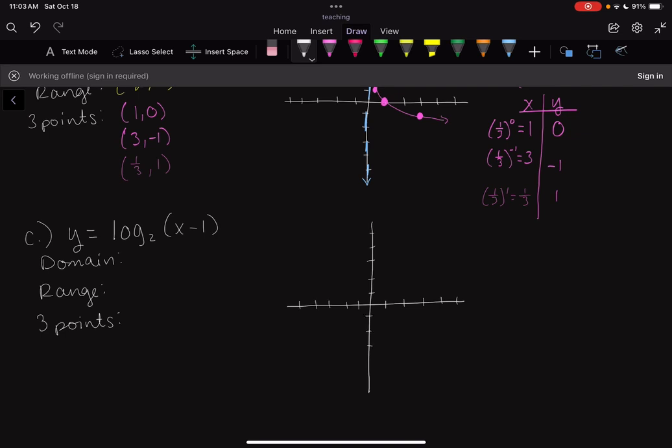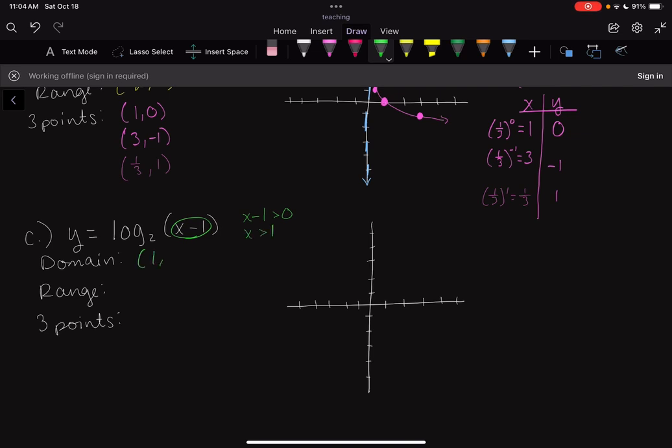And now we can keep transformations in mind here. That -1 is in the parentheses with the x, so we should expect that to move us to the right by 1. So something kind of to just keep in mind. Now my domain is whatever's inside the parentheses has to be greater than 0. So in this case, x will have to be greater than 1.